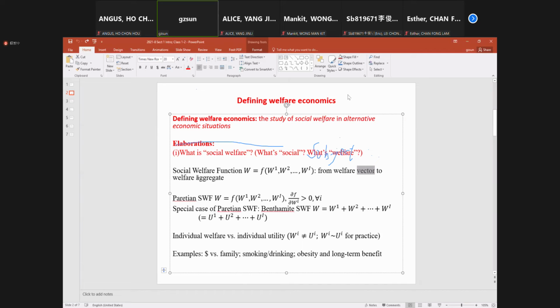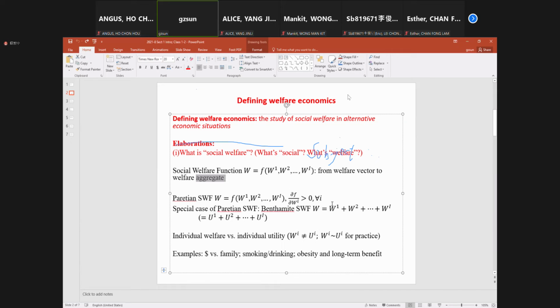We aggregate, that is, starting from individual welfare, eventually we come down to social welfare. Basically, we transform a lot of numbers, each number measuring one person in the situation, and we aggregate all such numbers into one single figure. We call that aggregate, that's a social welfare.